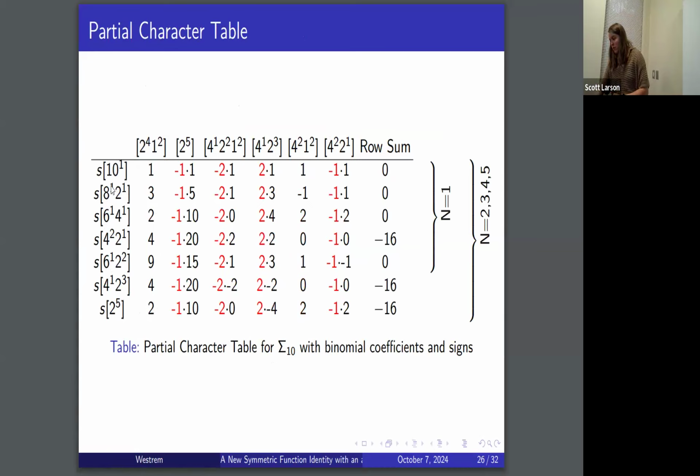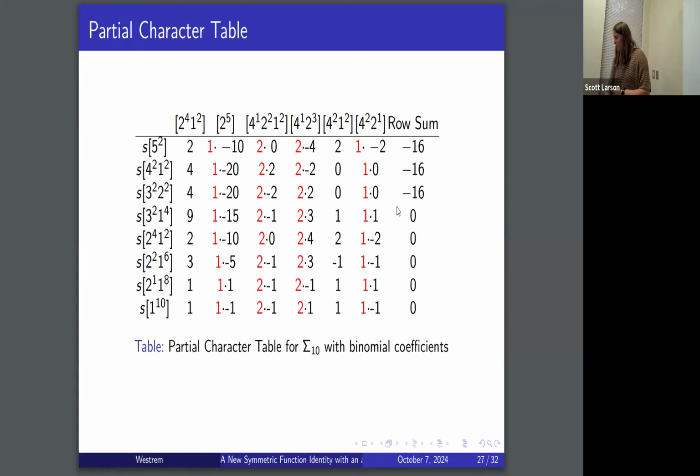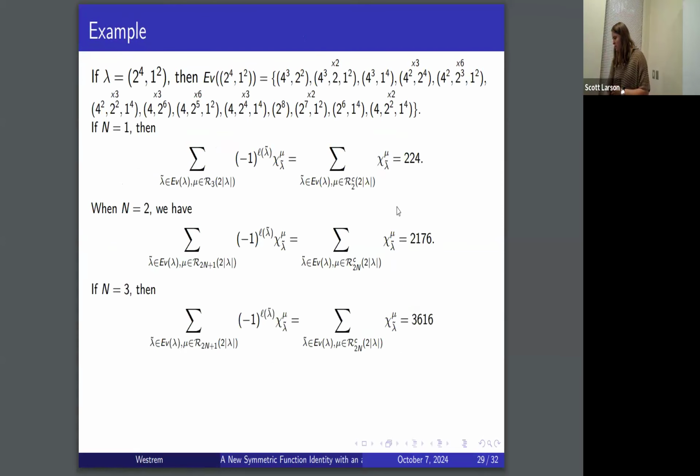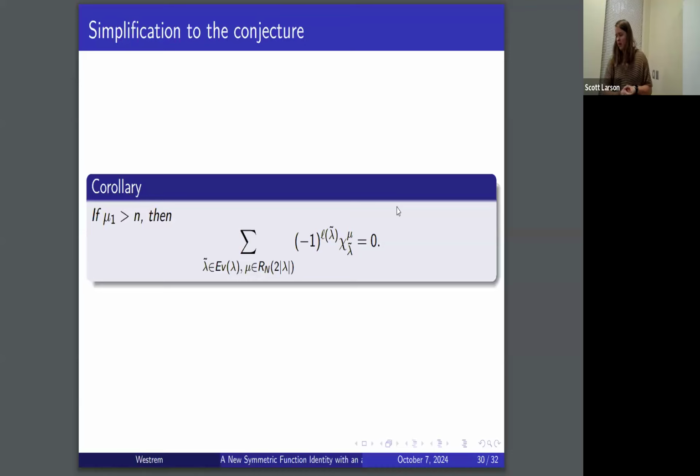So the largest part size was bigger than small n equals 5, and so we get 0. So that was our first result that we saw, that was the case for that left-hand side. So with that sign in there, if the first part was bigger than n, we didn't even have to worry about those ones there. So we could restrict a little bit on the conjecture there.